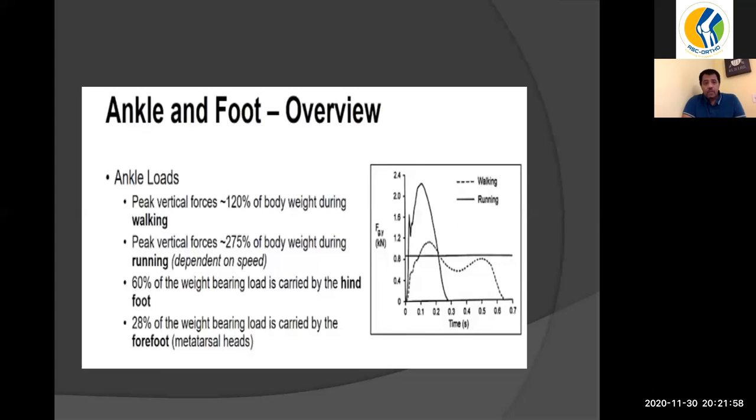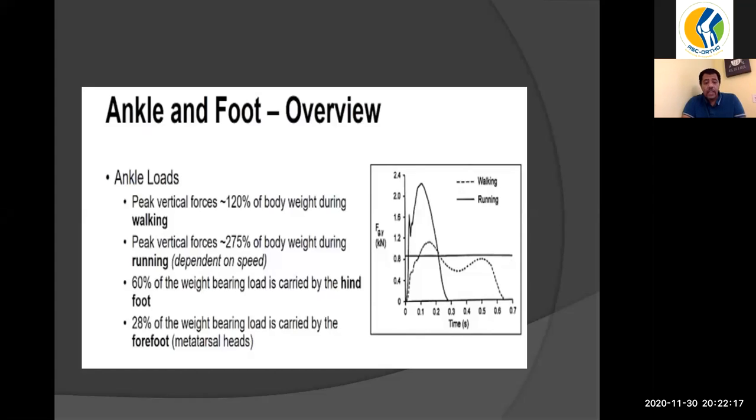60% of this weight is carried by the hind foot. That is why I'm not usually talking about just the ankle. You have to combine the foot. So if you have any anatomical problem or ligament problem of the hind foot, this will eventually affect the biomechanics of the ankle joint.